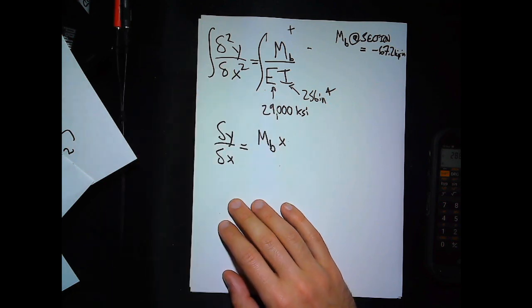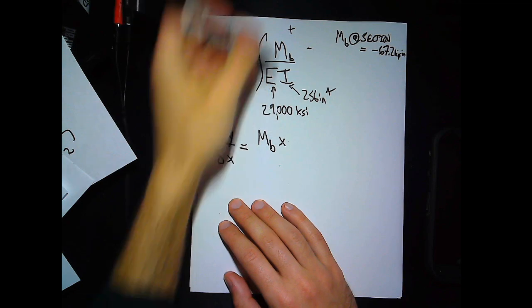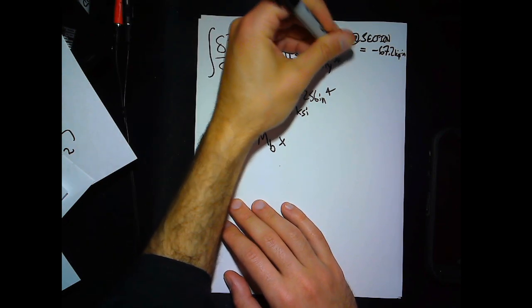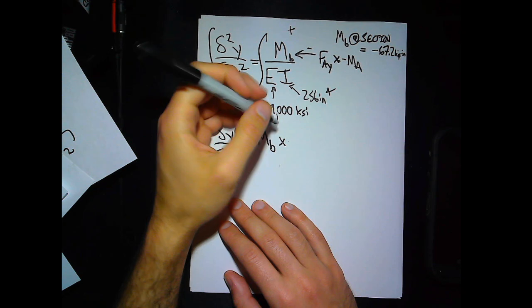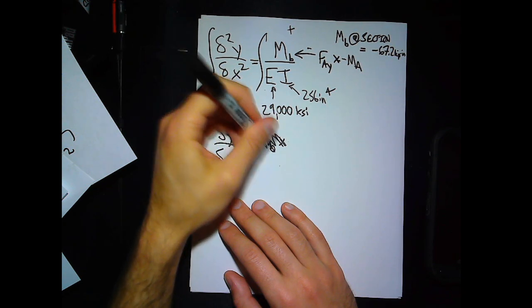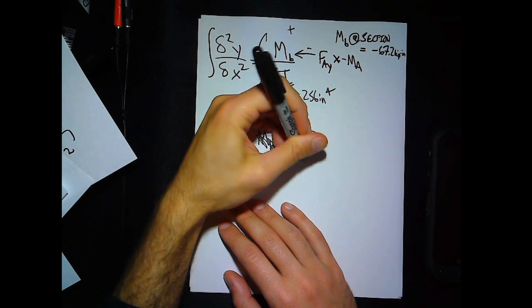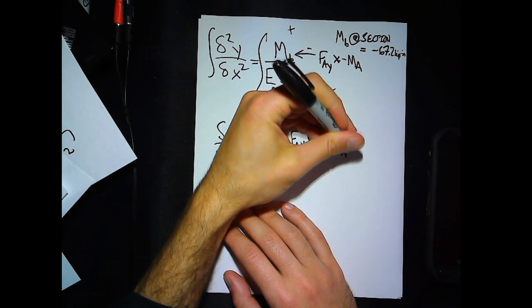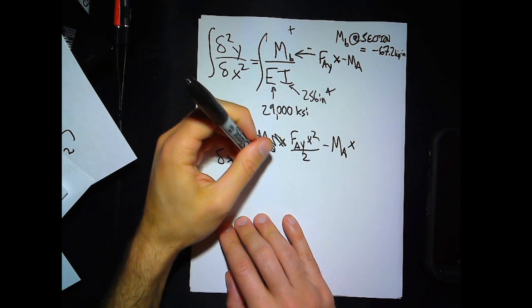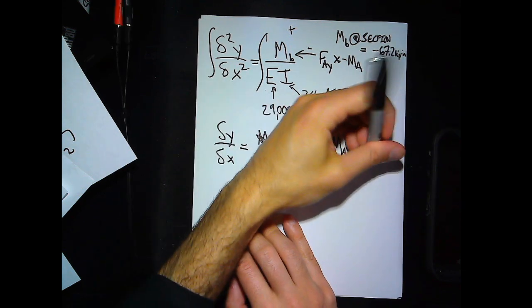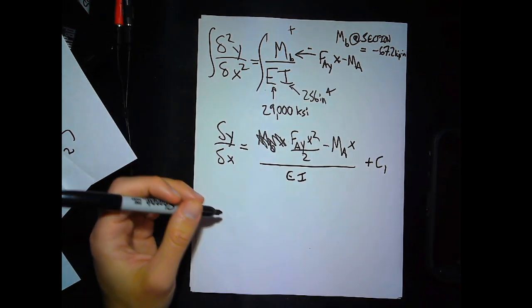Well, actually, in this case, sorry, I have an expression for this, don't I? Bending moment is FAy x minus MA. So this is FAy x squared over 2 minus MA x, all over EI plus C1.